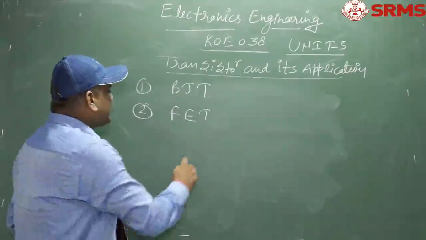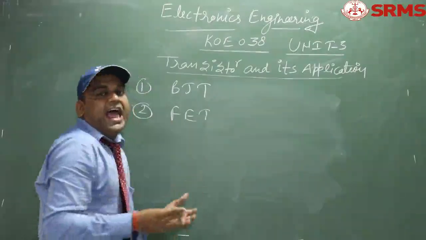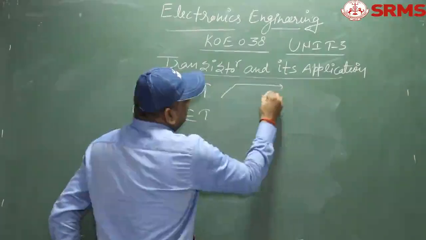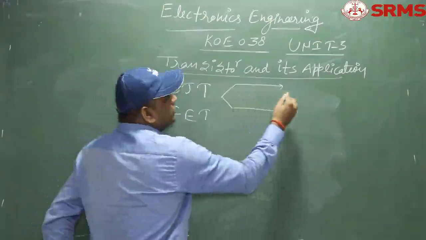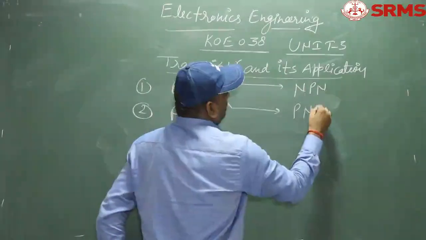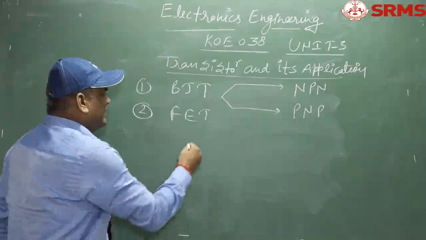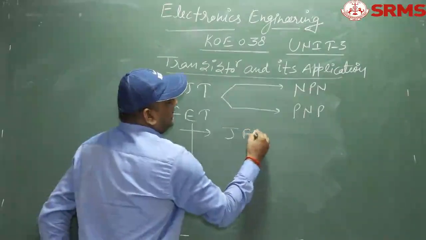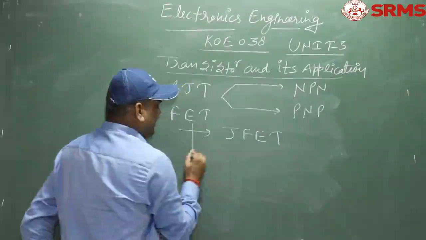After that, we will discuss the field effect transistor and the related applications in different areas. If we discuss the BJT, we will focus on two types of transistor, NPN and PNP.